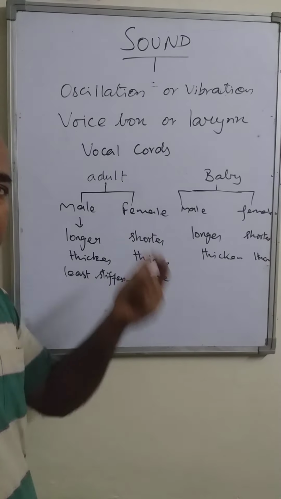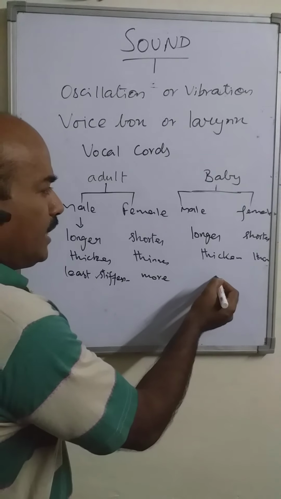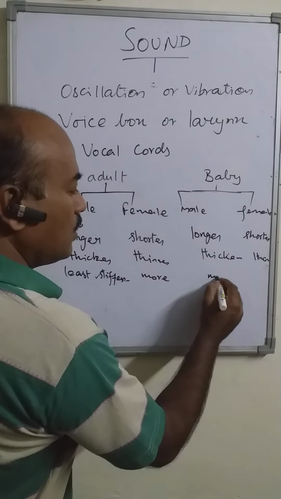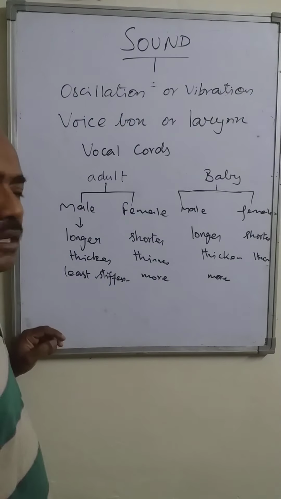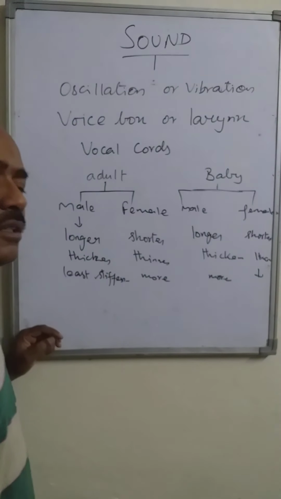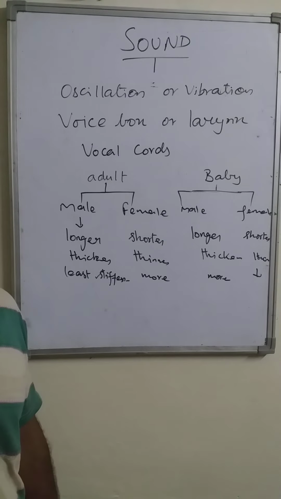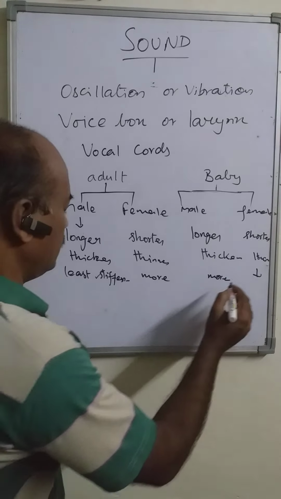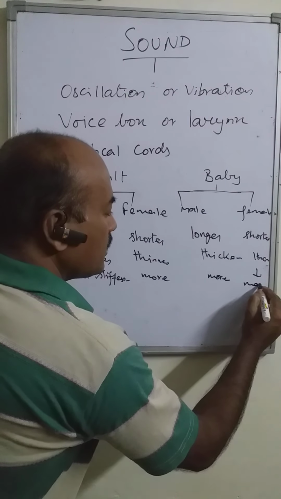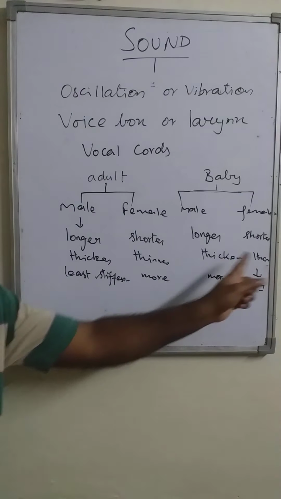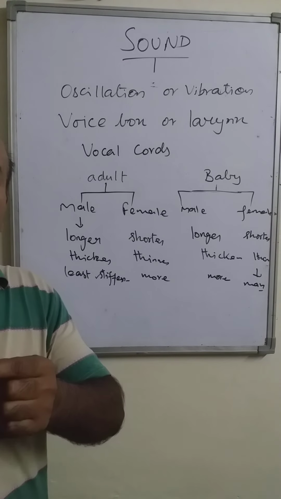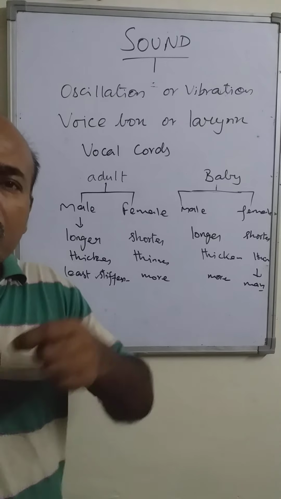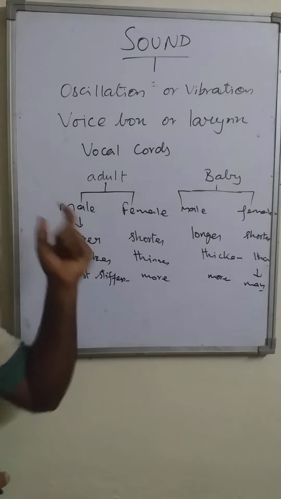Once again, coming to the male baby, stiffness increases more. And in the case of female babies, the stiffness is maximum. So here the vocal cord is very, very tight, more stiff.